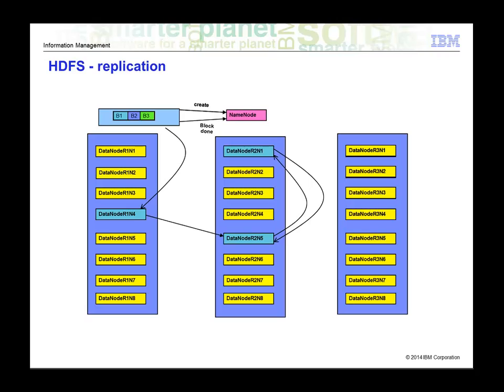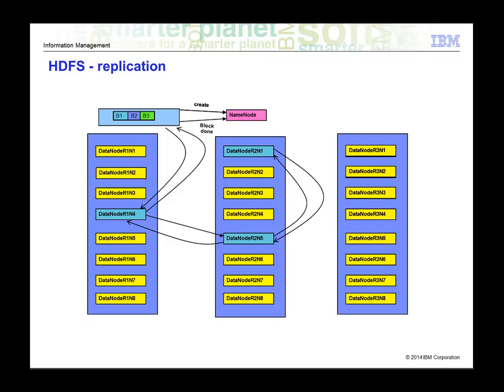To ensure the write was successful before continuing, acknowledgement packets are sent from the third data node to the second, from the second data node to the first, and from the first data node to the client. This process occurs for each of the blocks that make up the file.